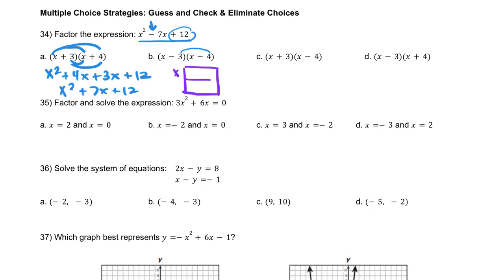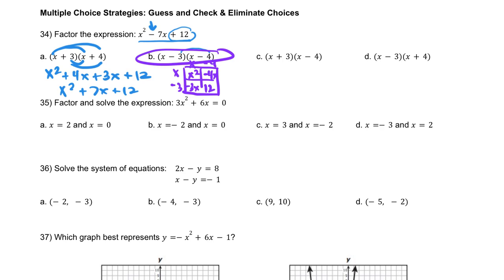So if I take my x minus 3 and my x minus 4, that's x squared minus 4x minus 3x plus 12. And I can see that this is going to be my answer because I get minus 7 for my x term and positive 12 for my constant.